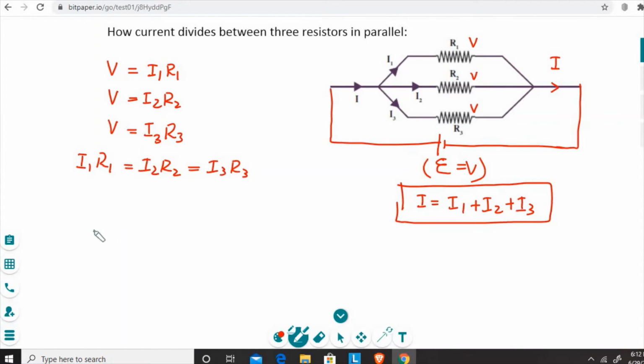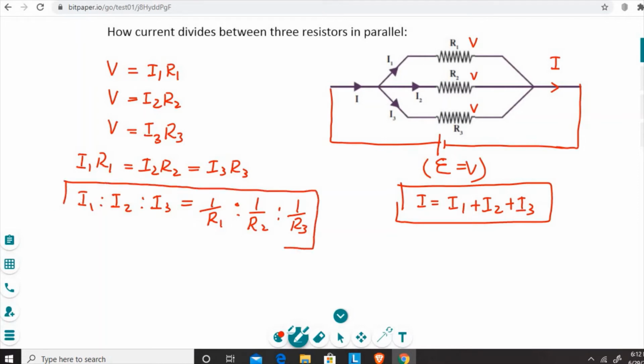And as a ratio, I can have I1 proportional to I2 proportional to I3, and that is equal to 1 over R1 proportional to 1 over R2 proportional to 1 over R3. Again, this is something important, especially when you try to solve multiple choice questions related to resistors in parallel. This would become very important.